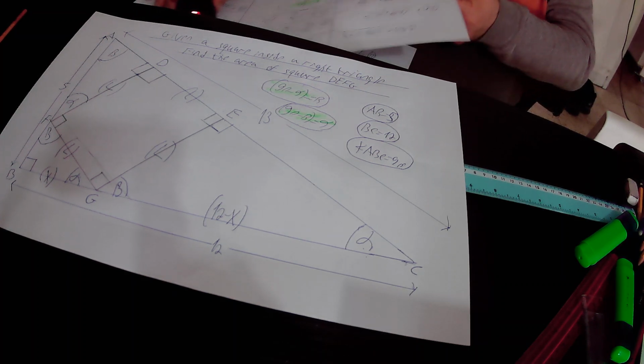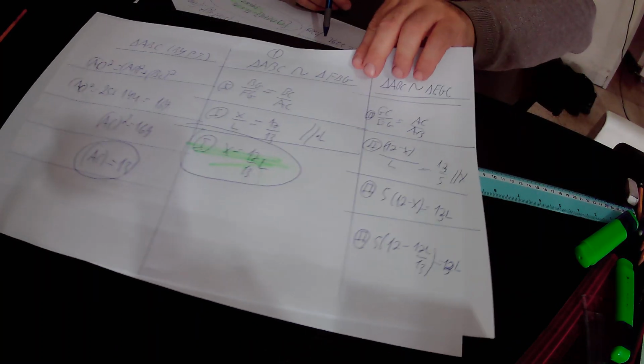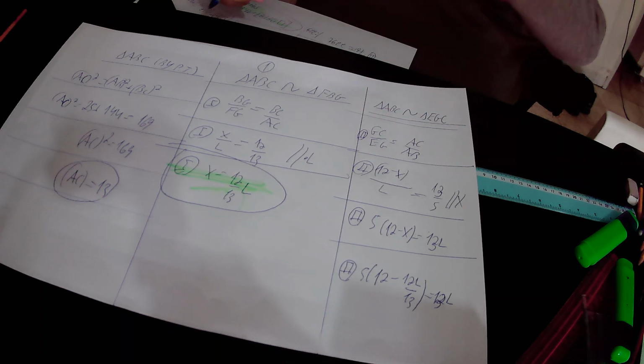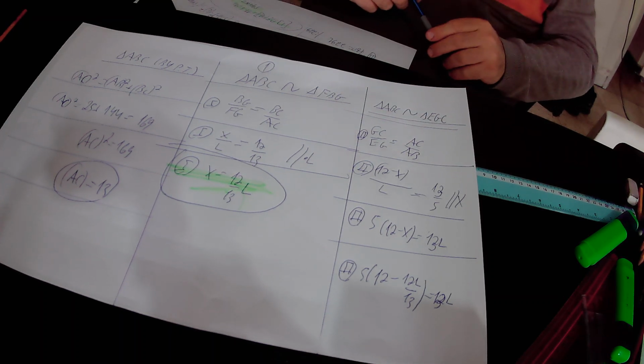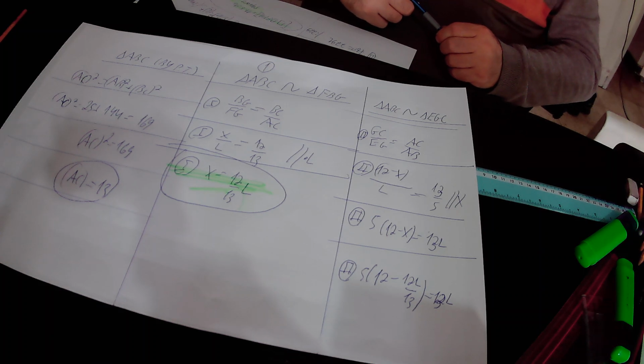Repeat again. In the right triangle ABC, according to the Pythagoras theorem, in any right triangle, the square of the hypotenuse equals the sum of the squares of the perpendiculars.